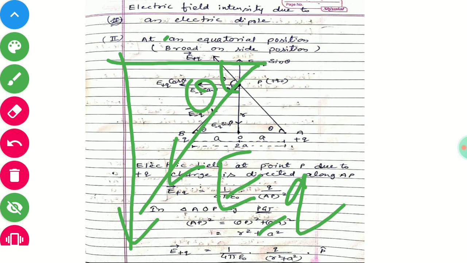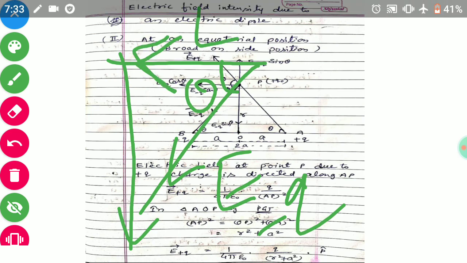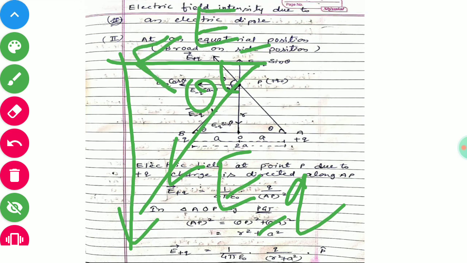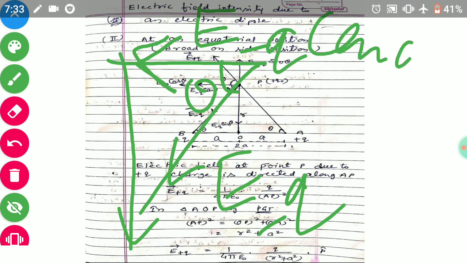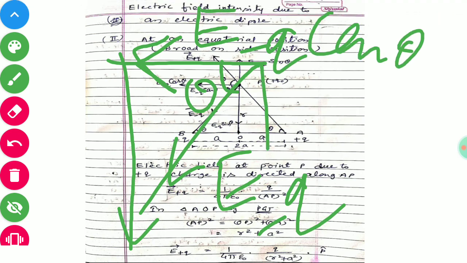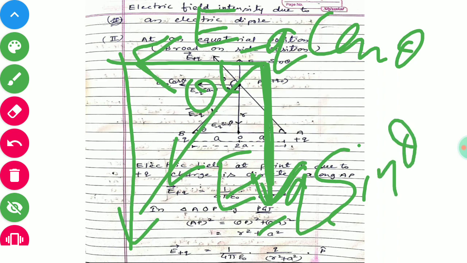So for this theta, this is what? Base. So it is represented by E minus Q cos theta, and this one is what? Perpendicular, which is represented by E minus Q sin theta.